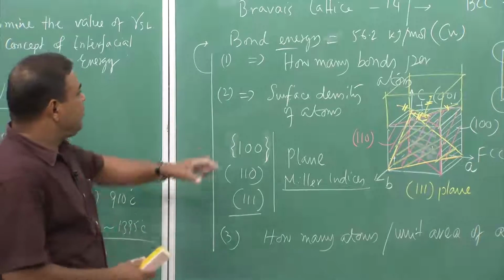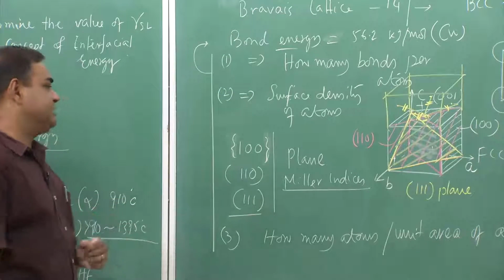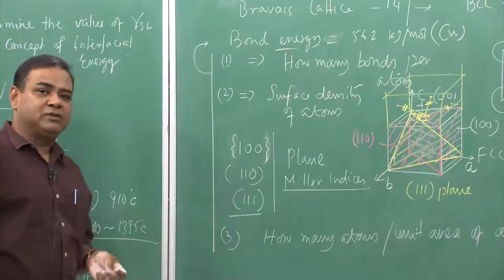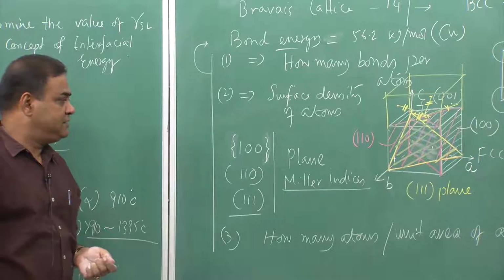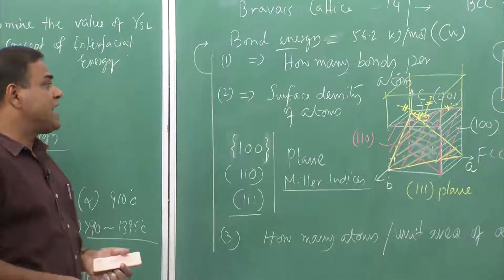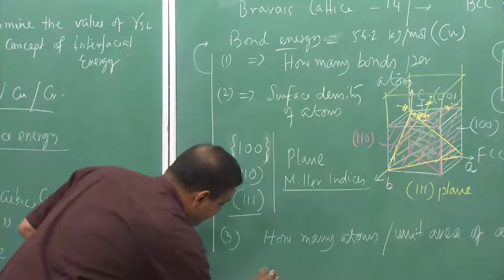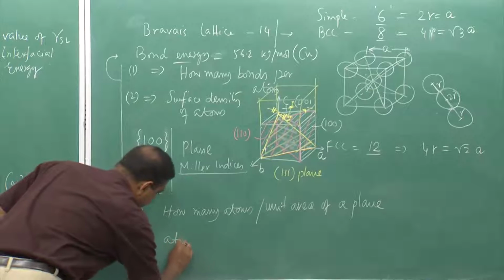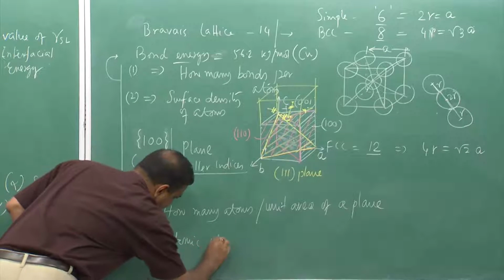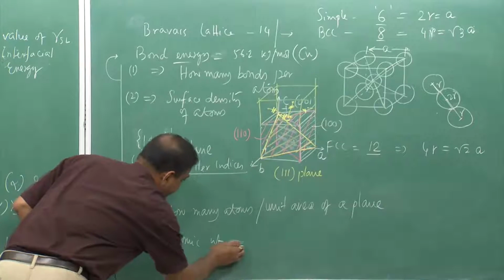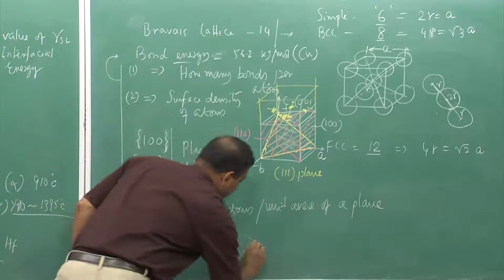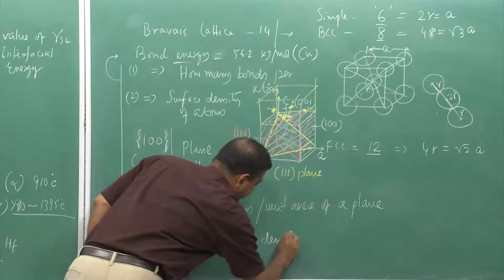Now, once we have these 4 pieces of information, we would be able to calculate the surface energy. We can also calculate if we know a few other things. For example, if we know the atomic weight of a metal, we can calculate the density too.